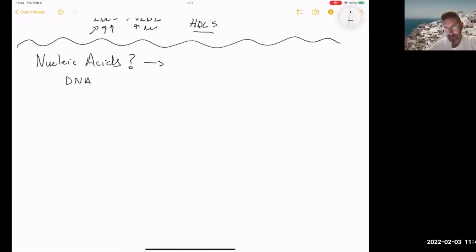Yeah, moving in the right direction. So nucleic acids, think of them as information. This is information. These form the quote unquote blueprint for cells, right? This is the information required to produce a certain kind of cell and to have the cell do what it needs to do. All right.